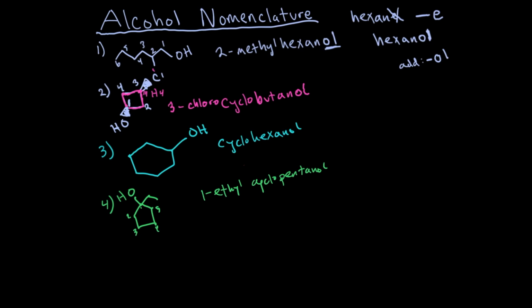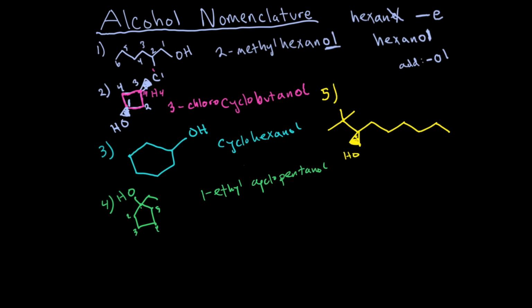So if I had, let's say I had number 5 over here, and I wanted to draw what if I drew this? Okay. Well, let's go ahead and try to find our longest carbon chain that's going to give us the highest priority group.